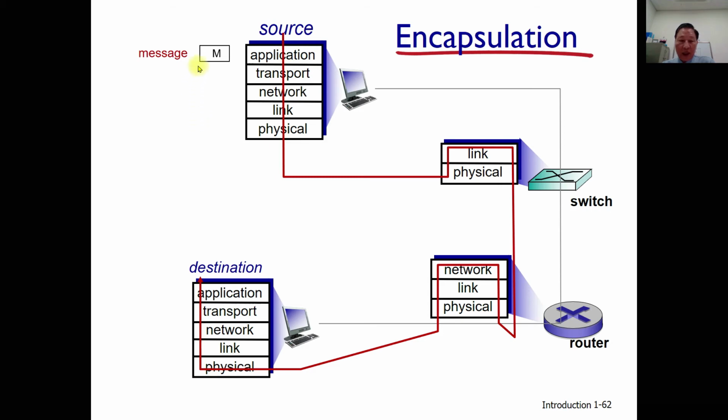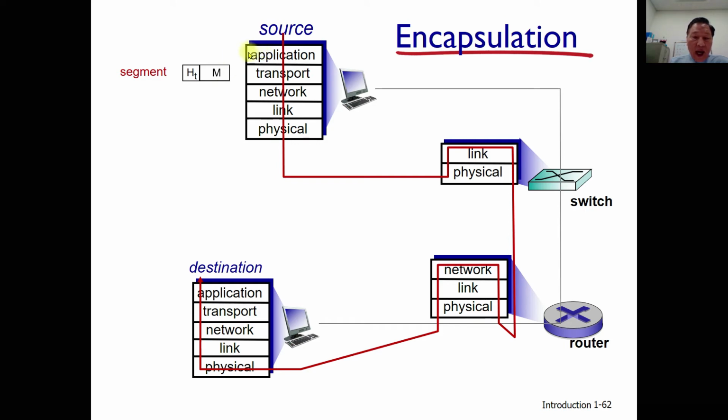Okay, let's assume this is the source computer, and this is the destination computer. And from this source, for example, your PC is sending some data to the final destination, then it is traveling like this.